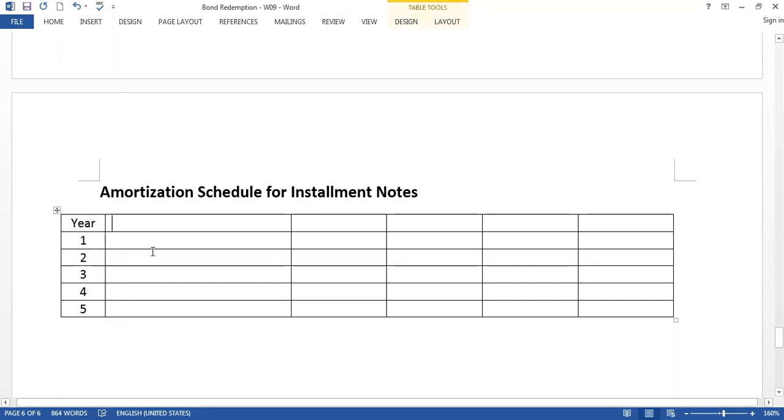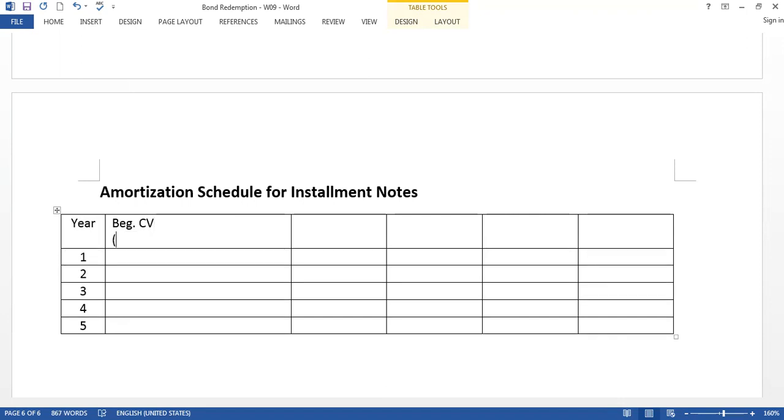Then the second column is about beginning carrying value, and the beginning carrying value date is January 1st. So this is the beginning carrying value, January 1st.